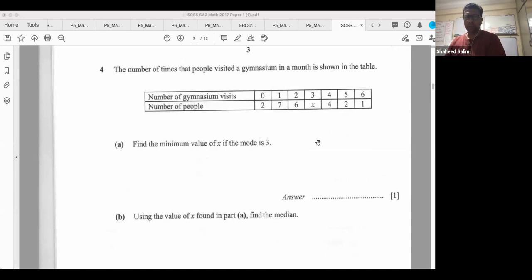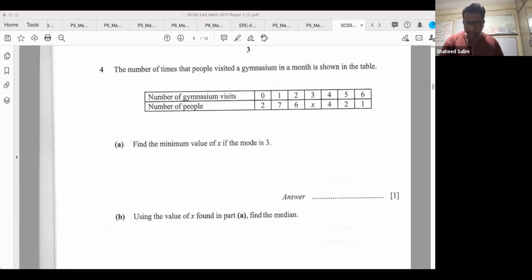But never mind, we add first. We add first. 2 plus 7 plus 6 plus 4. Oh yeah. Correct. I've already given you the answer already.